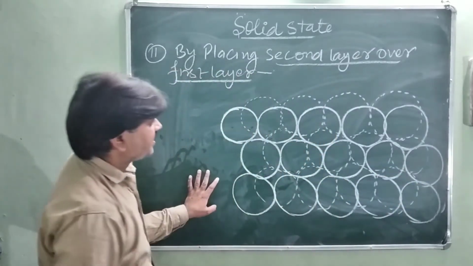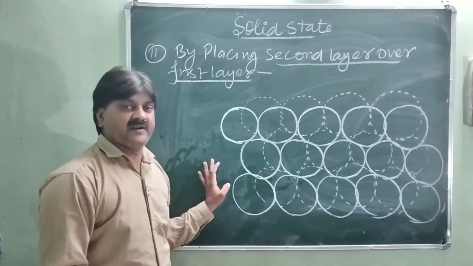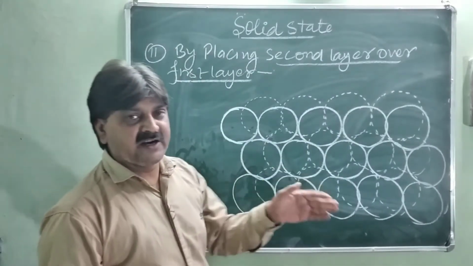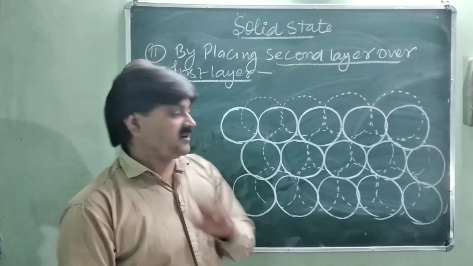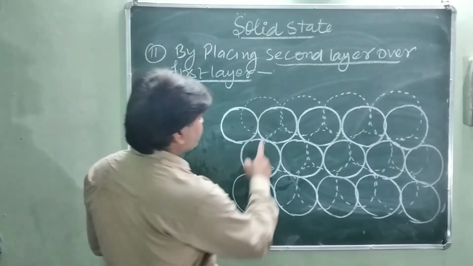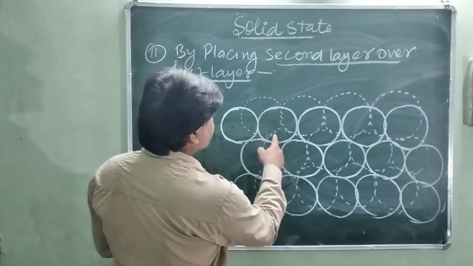So you will see here there are two types of void created when the second layer is placed over the first layer. You will see here this is 1, 2 and the 3.